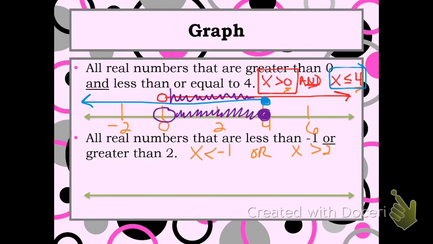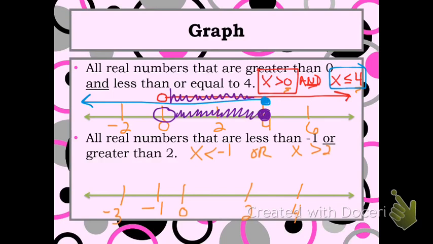Technically it could be both as well. So we're going to approach this just a little bit differently. We are still going to graph our cutoff points, the -1 and the 2. We'll put a point in between and a point on either side, and we'll graph them each separately.